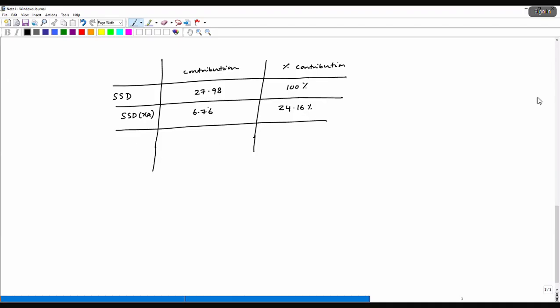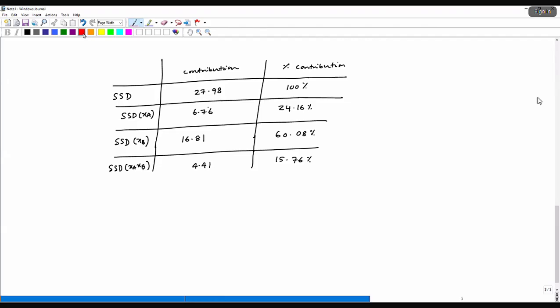Similarly, SSD coming from XB, the second parameter, 16.81, this is 60.08%. Then the interaction effect coming from XA XB is 4.41, that is 15.76%.